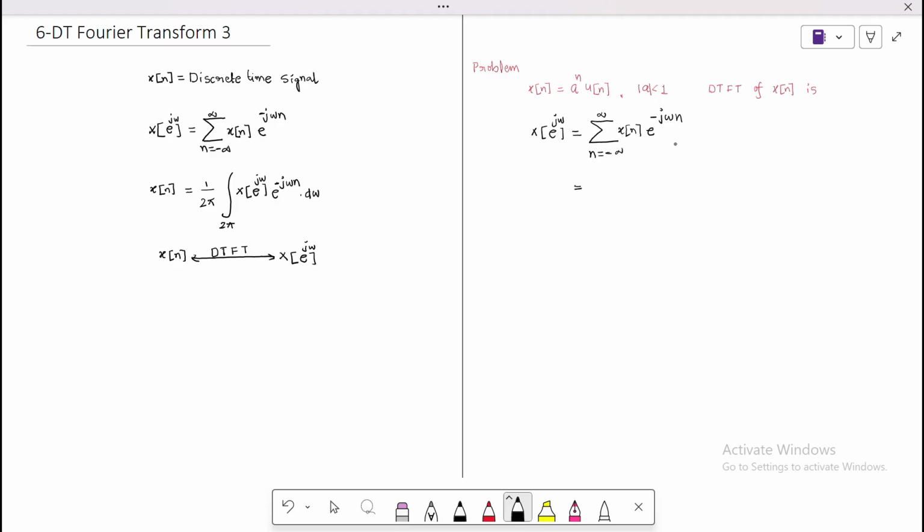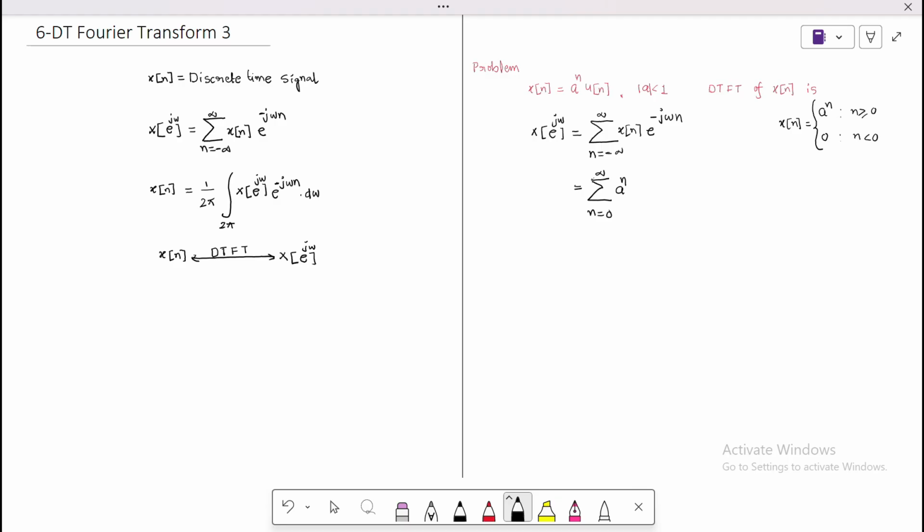So while writing the limits, sigma n from 0 to infinity, x of n is nothing but a to the power of n. Here I am writing x of n equal to a to the power of n for n greater than or equal to 0, and 0 for n less than 0. That's why a to the power of n is multiplied by u of n.